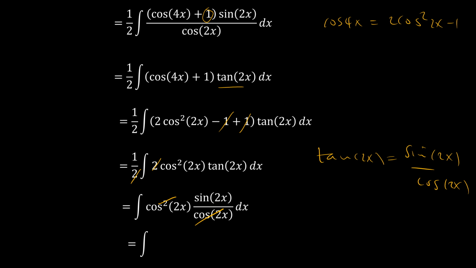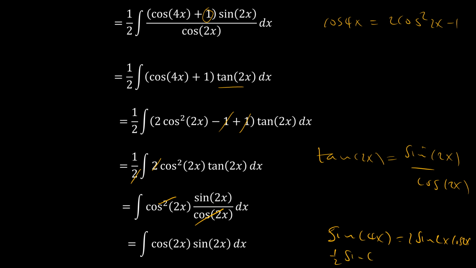And so you realize that you have the integral of the product of cosine 2x and sine 2x. Going back to the formalism where sine 4x is the same as twice sine 2x cosine 2x, a half of sine 4x is equal to sine 2x cosine 2x. So this product becomes a half of sine 4x.